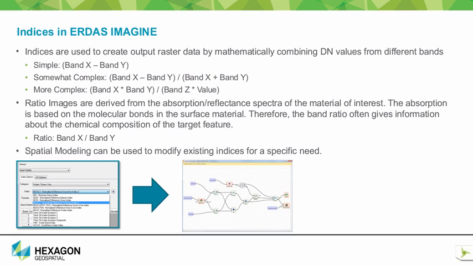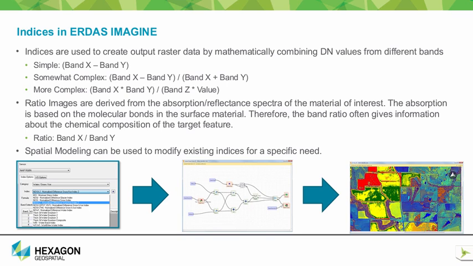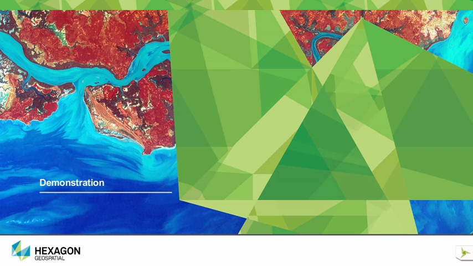Every indices has basically a spatial model. The functionality is captured in a spatial model. And then, since we don't have to create that spatial model from scratch, we have a good starting point to go down a specific use case or a specific workflow for a specific customer need or a need of a colleague or coworker. So with that, I want to go ahead and jump into the demo today.